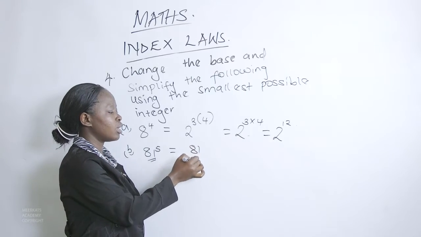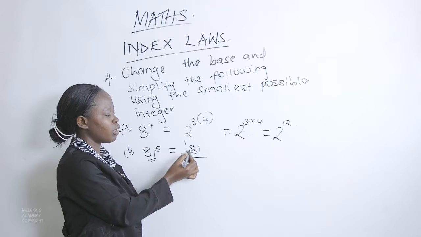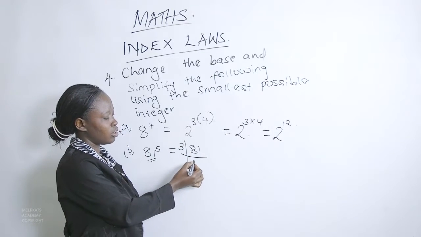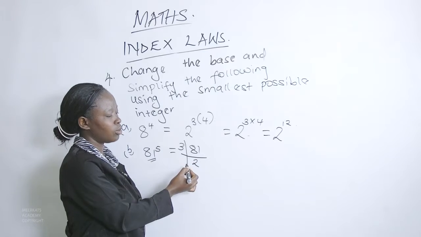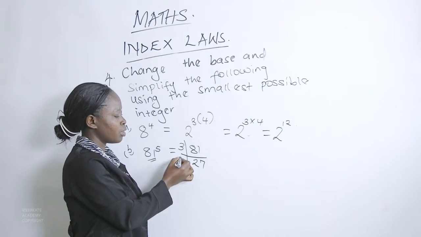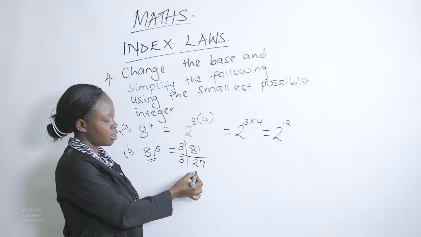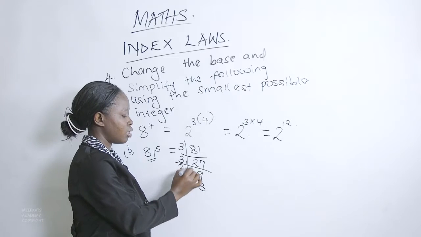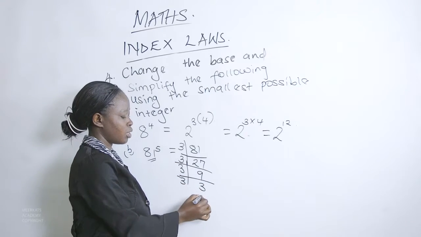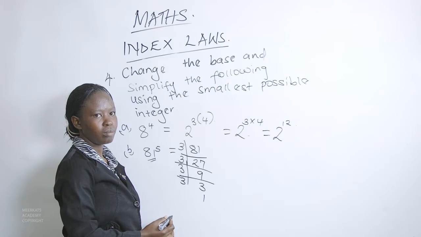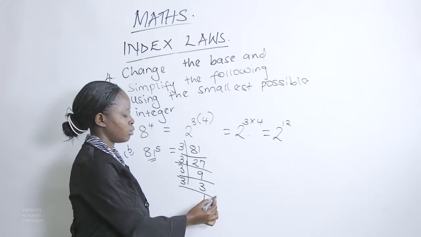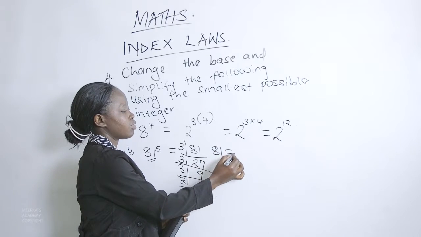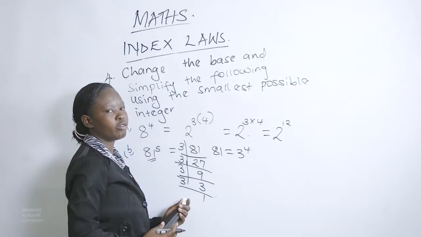So I have 81, finding the factors, the lowest, this is 8 plus 1, which is 9, so it means 3. 3 into 81, that is 27, 3 into 27 is 9, 3 into 9, 3, and 3 into 3, that is 1. So this means that 81 is the same as 3 to the power of 4.